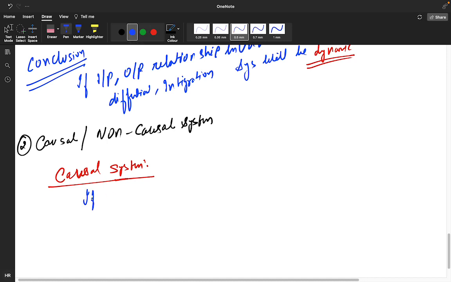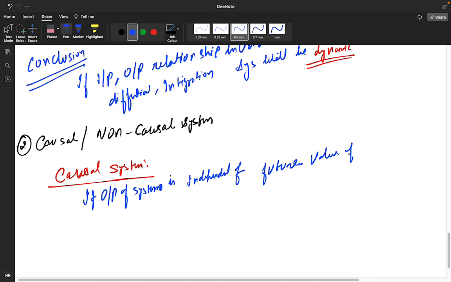Write it down. If the output of a system is independent of future value of input, then the system is called a causal system.